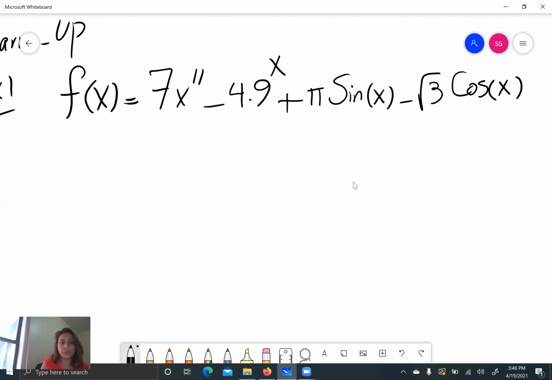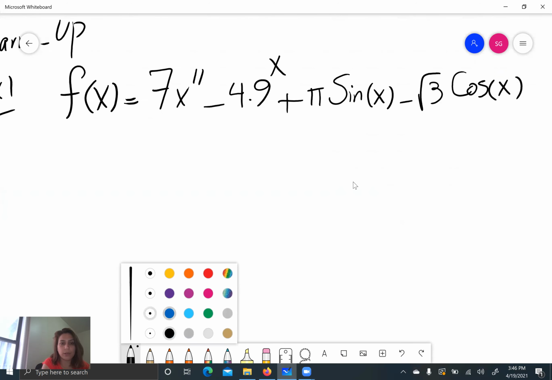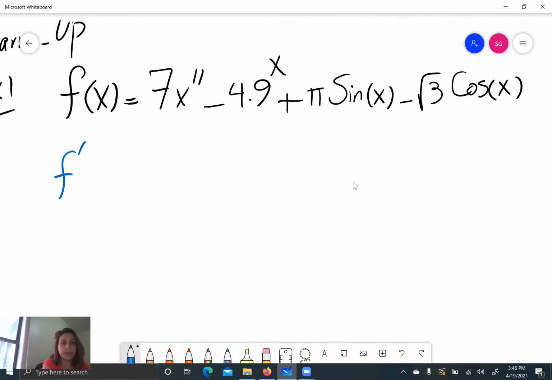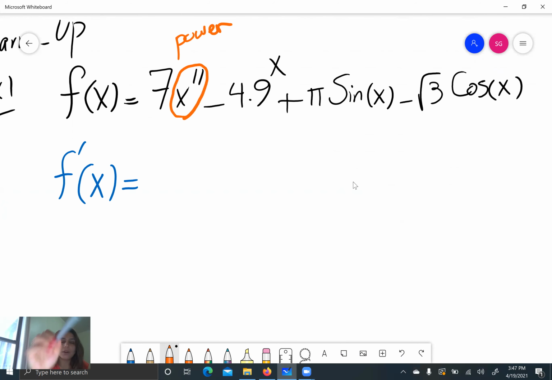We are looking for the derivative of this function, and we are going to find it using derivative rules. So what type is the first component? This is a power function, right? Let's first identify each function. What type is this function?